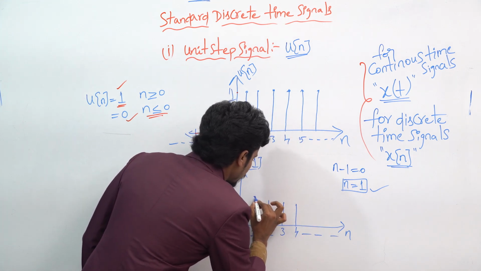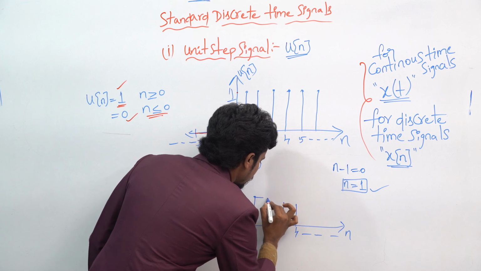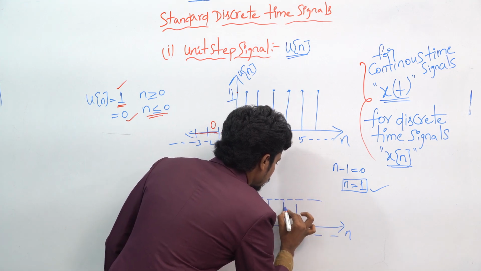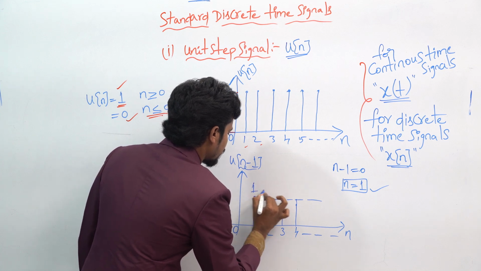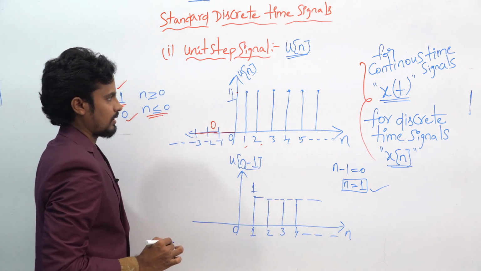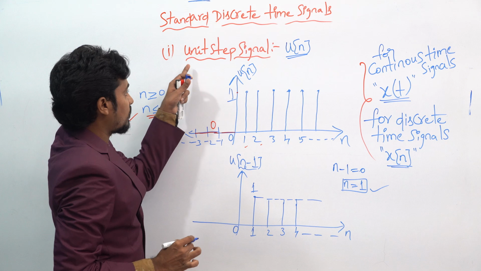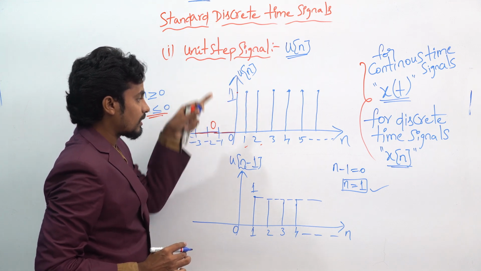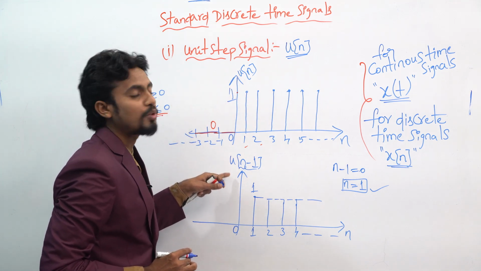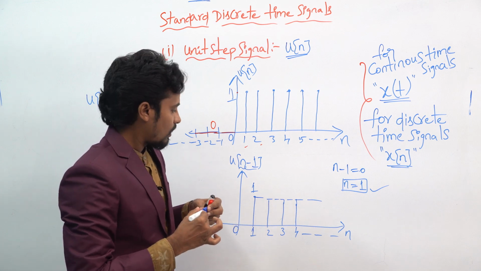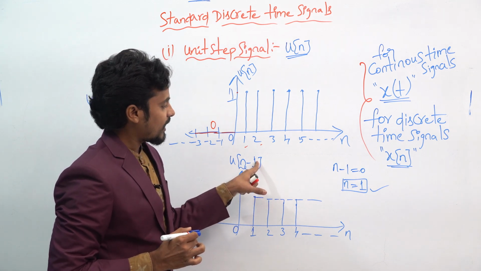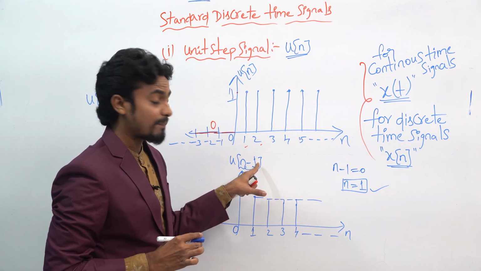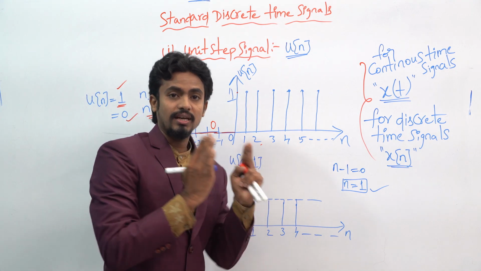The plot will start here, not here. The magnitude is 1. This is the general unit step signal, and this is the shifted unit step signal. For example, if instead of 1 you take k, what will happen? It will be shifted to n equal to k.